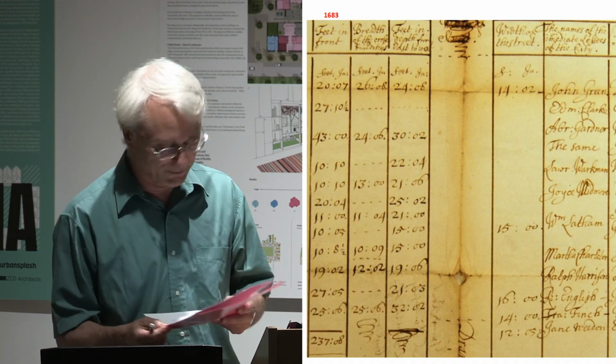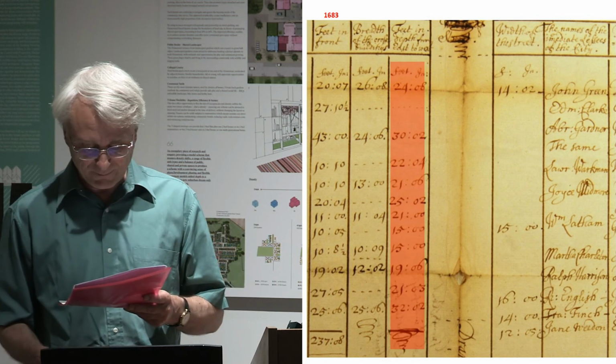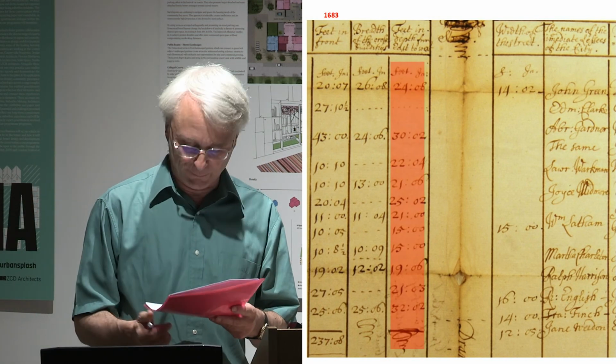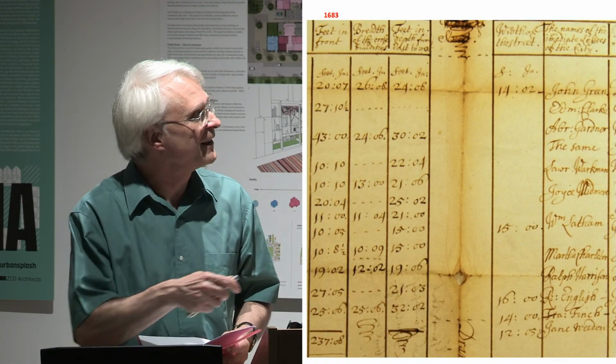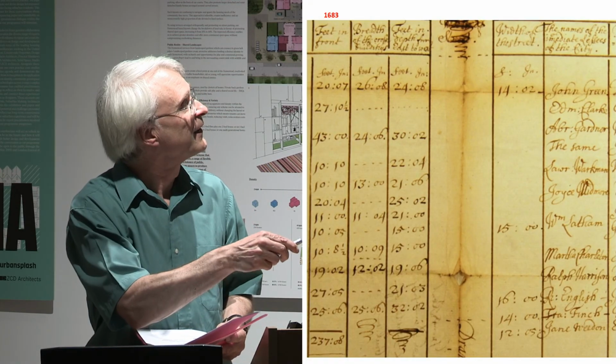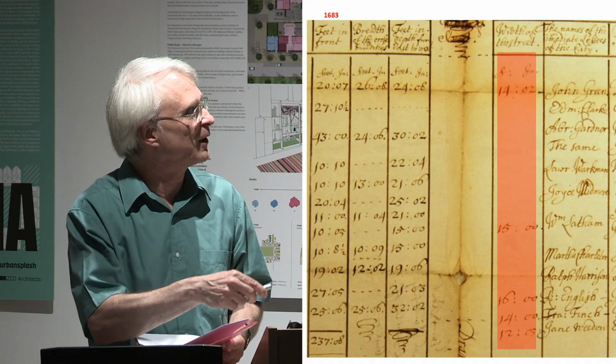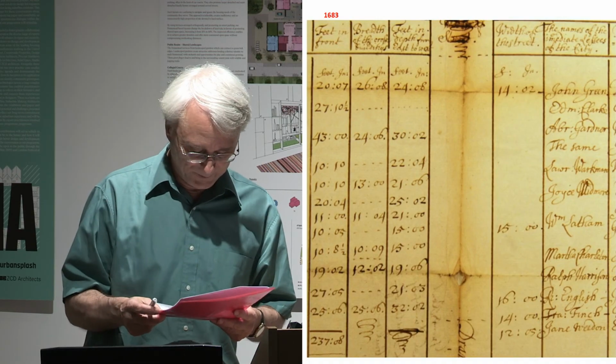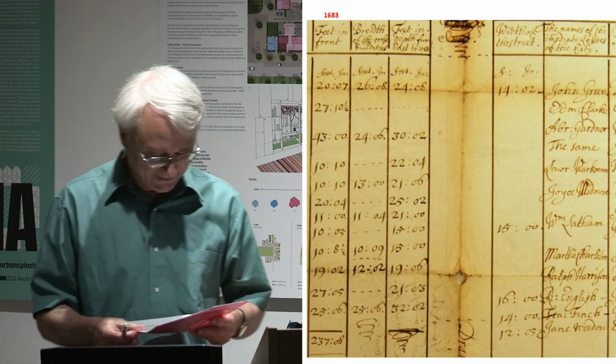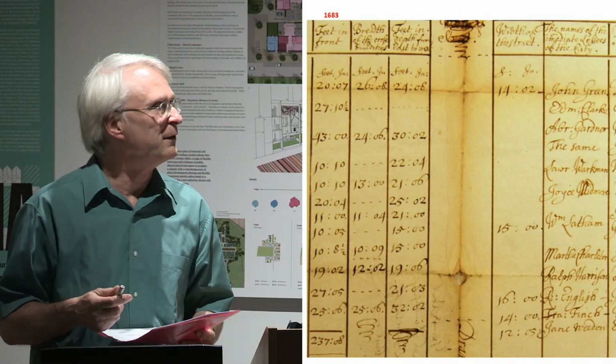These are feet and inches, by the way. And then it gives you the depth of the houses from front to back. And then in this column here, at certain points, it gives you the width of the roadway. And it's these dimensions that are what we've not had before.